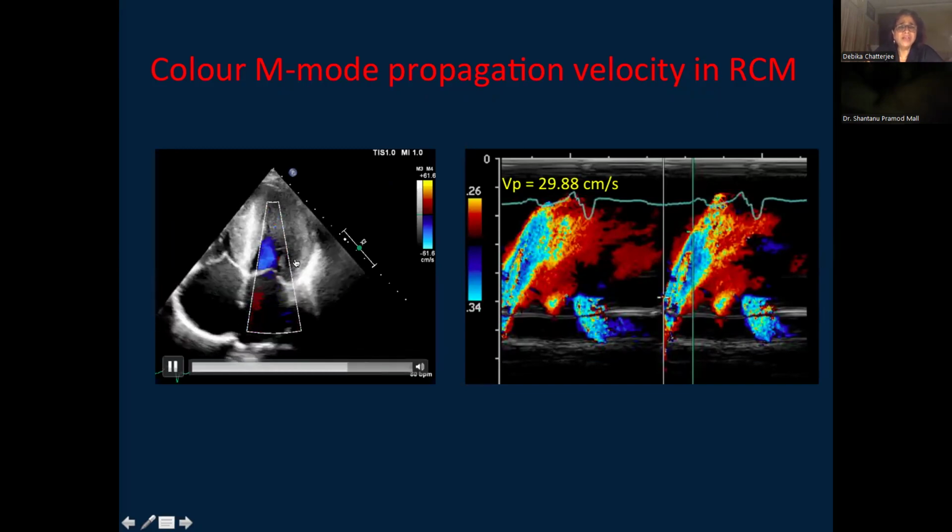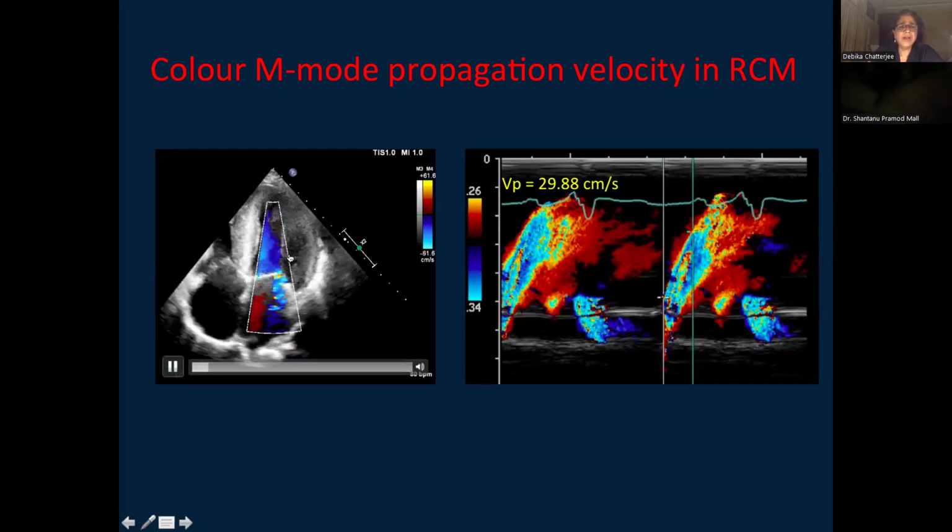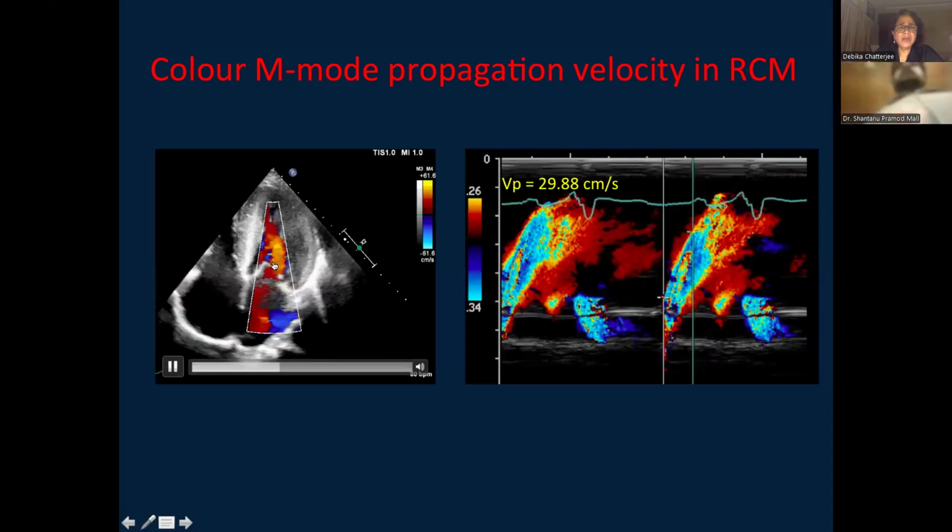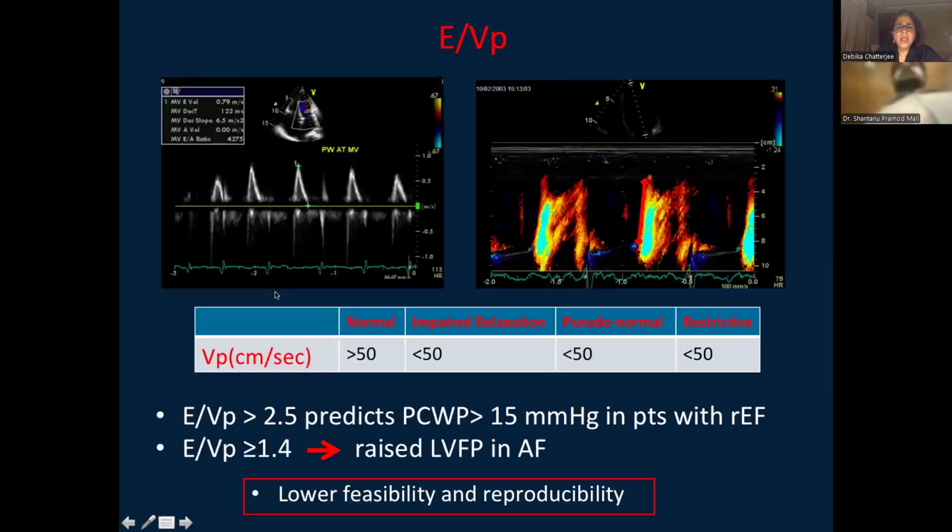The LV relaxation is very highly impaired, as a result of which blood is flowing slowly from the base to the apex. This particular criterion has low feasibility and reproducibility, but still you can do it.